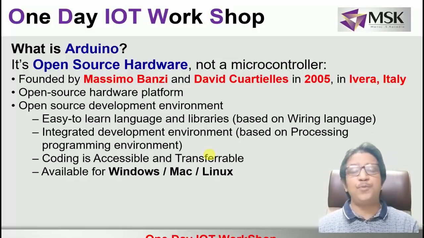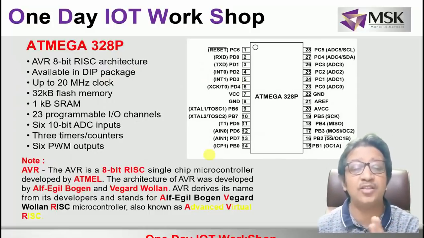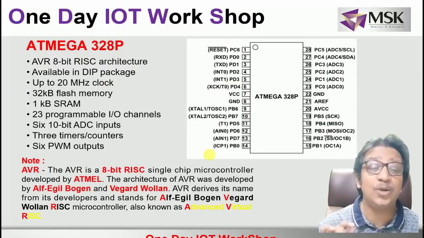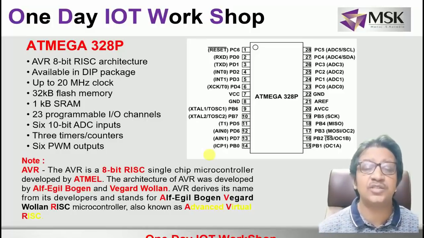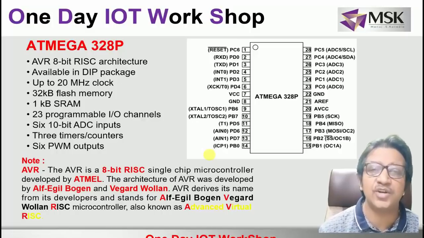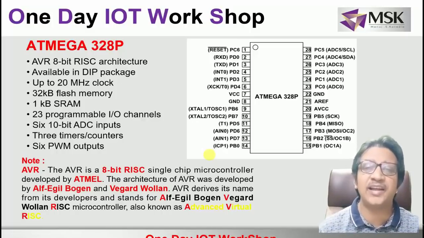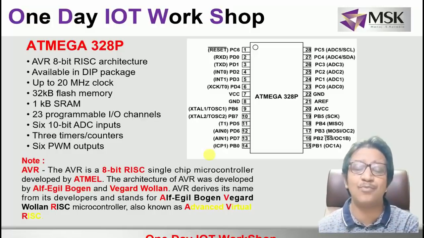So which processor is used in Arduino? The processor used in Arduino is the ATmega328. It is an 8-bit RISC architecture. RISC means reduced instruction set computer, and the other is CISC, complex instruction set computers. Processors like the 8085 and 8086 are complex instruction set computers, CISC.